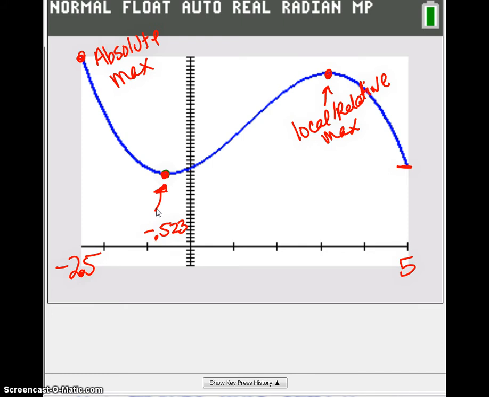It's at negative 0.523, that's the absolute lowest point, as well as the relative minimum. So negative 0.523 is where we have the absolute and the local minimum. Okay?